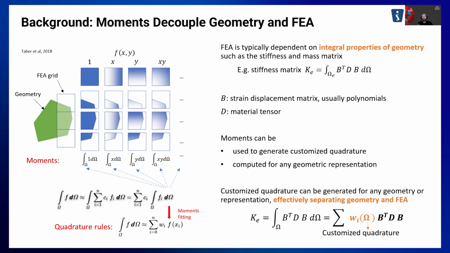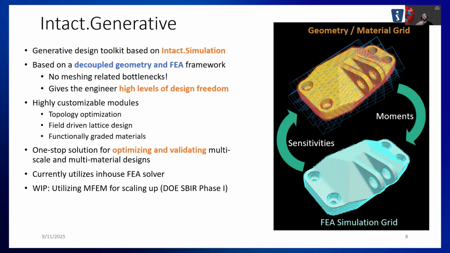So that's a philosophy behind some of the work we do here, and that leads to a design framework that can separate geometry and material. In this picture, what I'm showing is the geometry is represented as a level set function on a grid, and then the FEA simulation grid is something else.